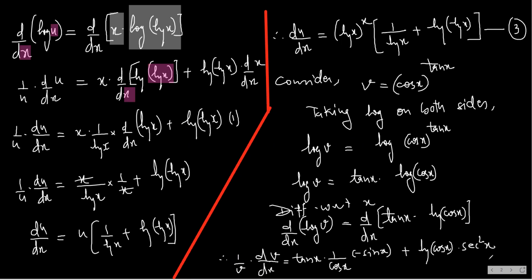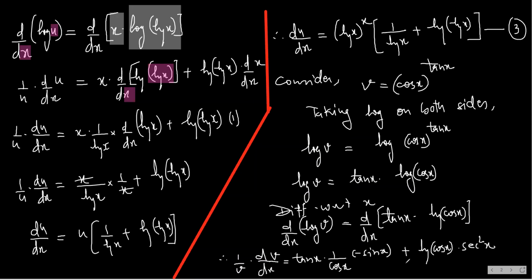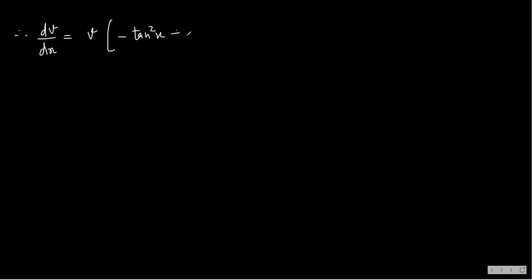So this is tan square x, and it is negative, so minus tan square x. So you have therefore dv by dx equals v into minus tan square x plus log of cos x into sec square x.